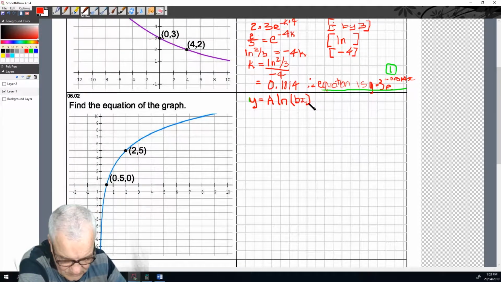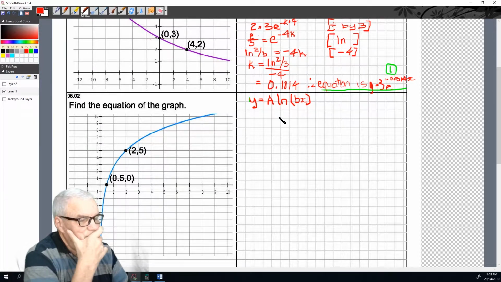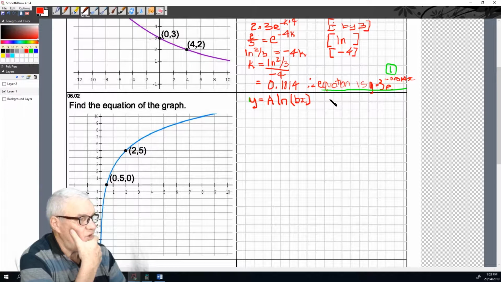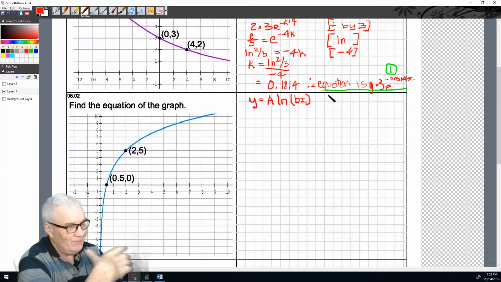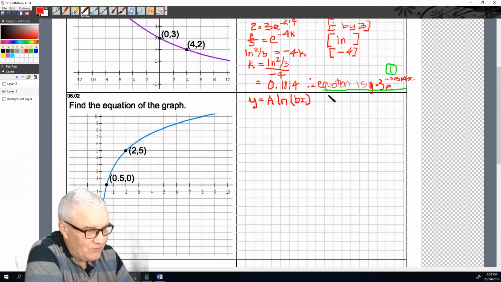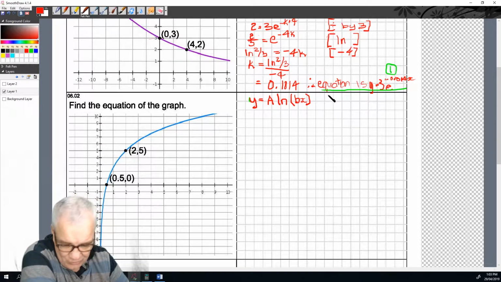I've got it as a little b, but it could be a capital B. It also can have a plus c over here as well, that'll translate it up and down the line, but I don't think that's necessary in this instance, and we probably don't need to worry about that.